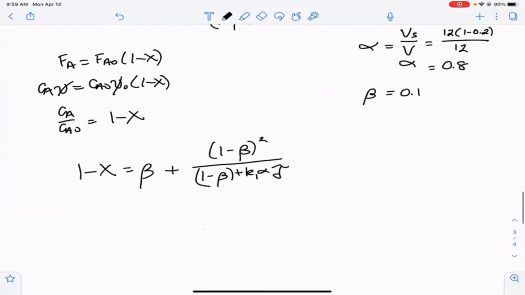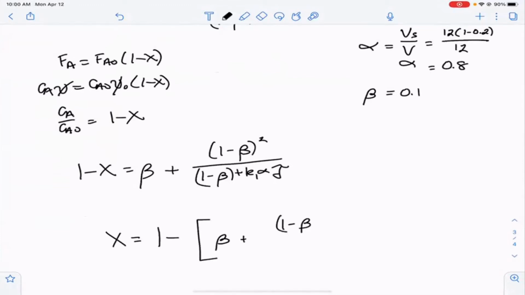Or solving for the conversion then, the conversion equals 1 minus all of this: beta plus 1 minus beta squared over 1 minus beta plus K1 alpha times tau.